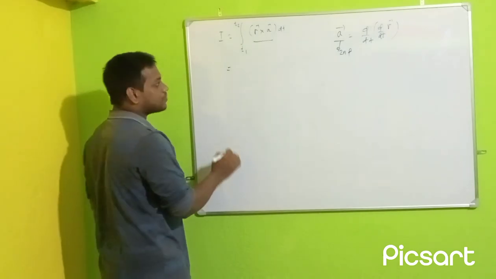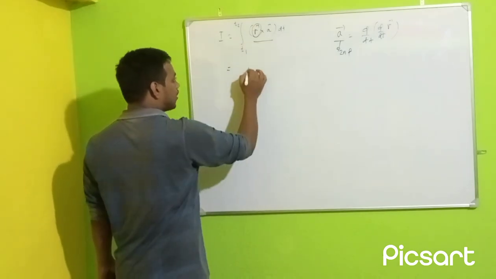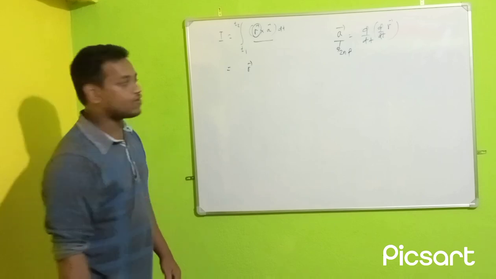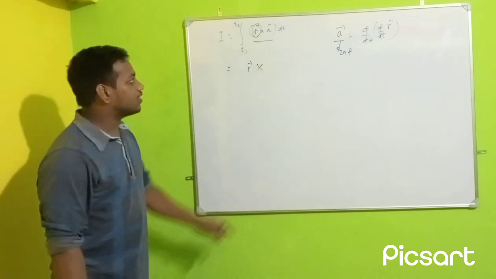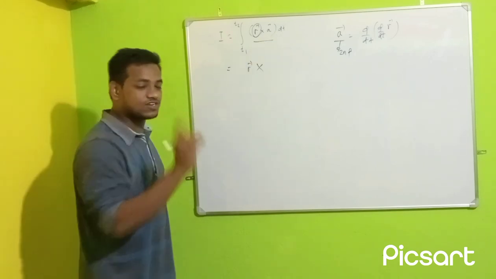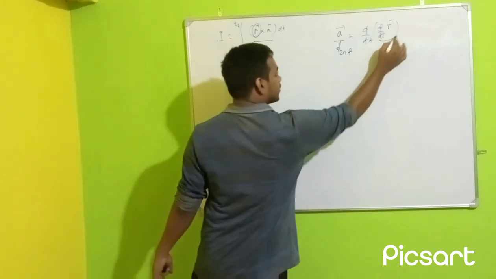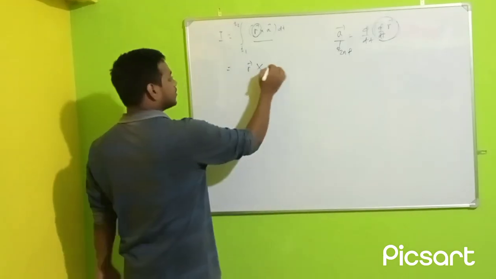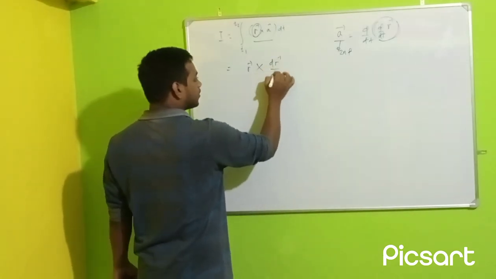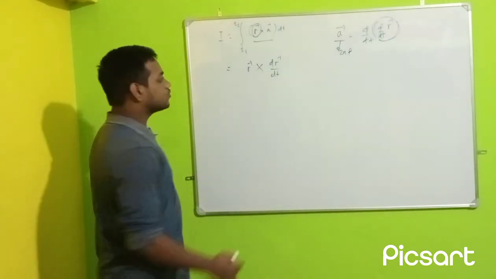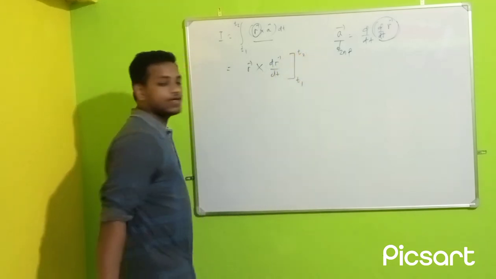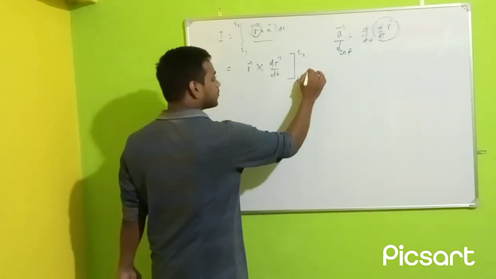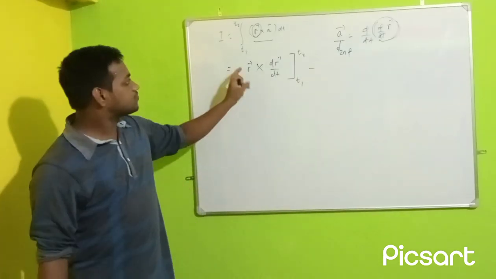So then what will happen? First function r into integration of the second function, keeping in mind that the cross symbol will be here. Integration of the second function, first integration will give me this quantity, that is dr by dt. Then I have to put the limit t1 to t2. Then minus the derivative of this first function.